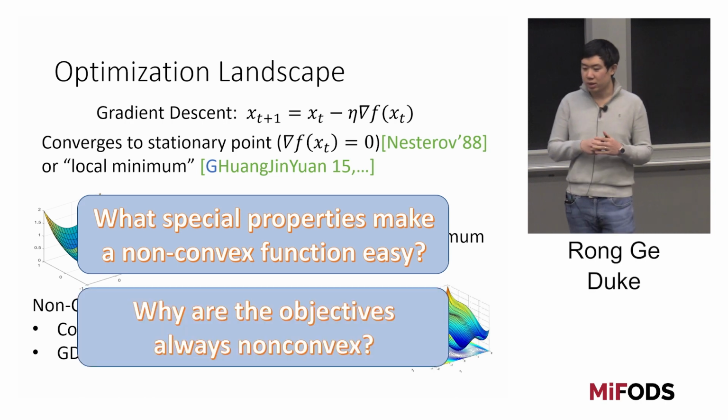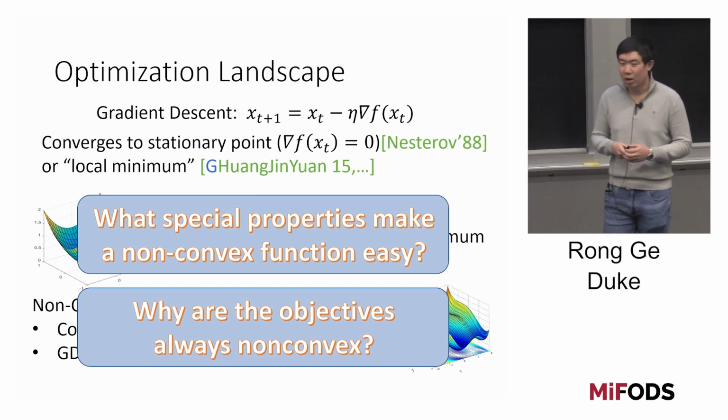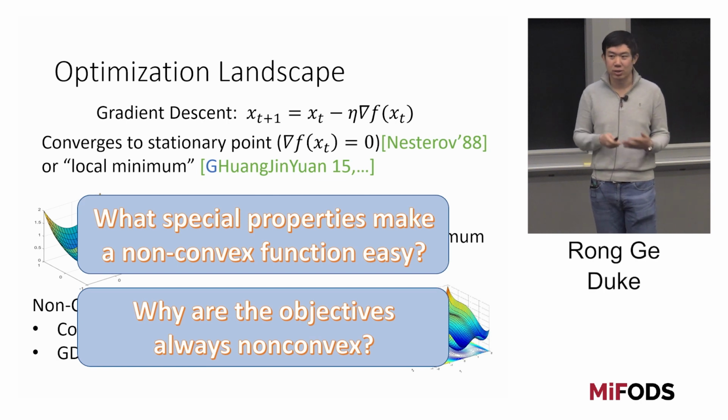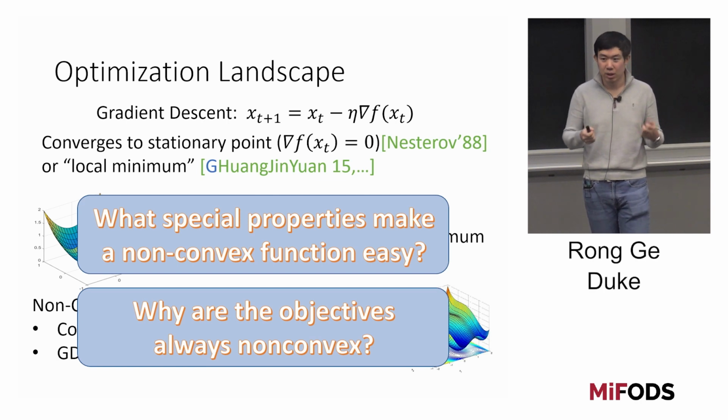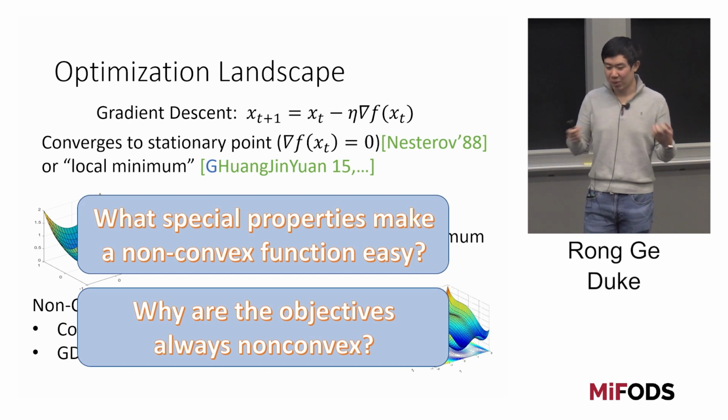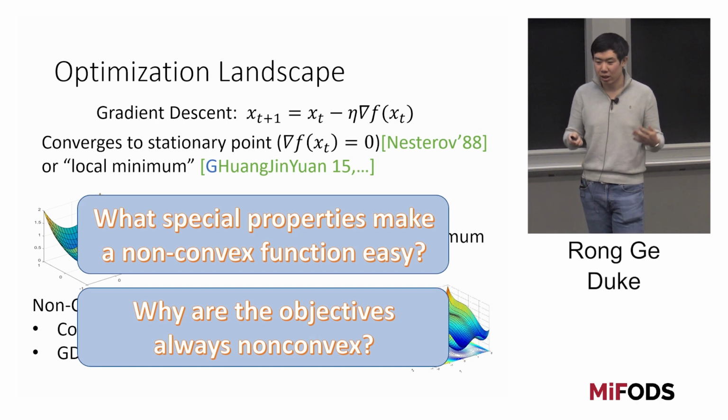The question that got me thinking about these problems first is actually, why are the objectives always non-convex, right? Whenever I try to solve some machine learning problem and I come up with some objective function, it's almost always the case that whatever objective function I come up with is non-convex. So why is that the case?